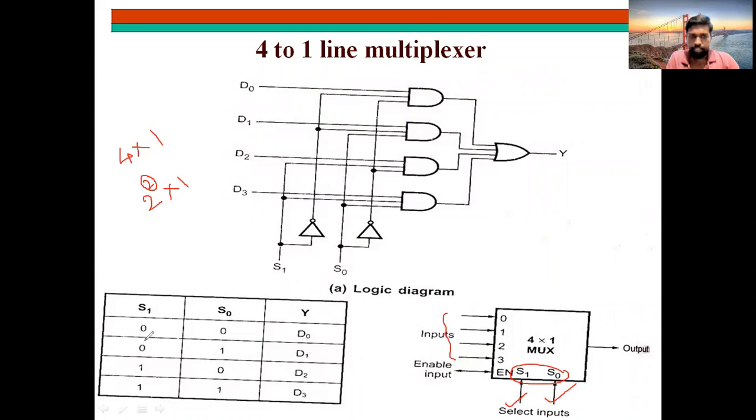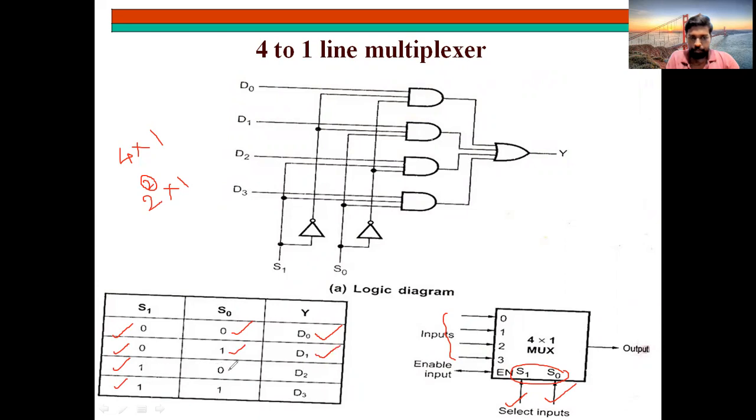As we have 2 selector inputs, we will have 4 combinations: 00, 01, 10, 11. For the first combination 00, the first input will be observed at your output. For the second combination 01, the second input will be taken as output.